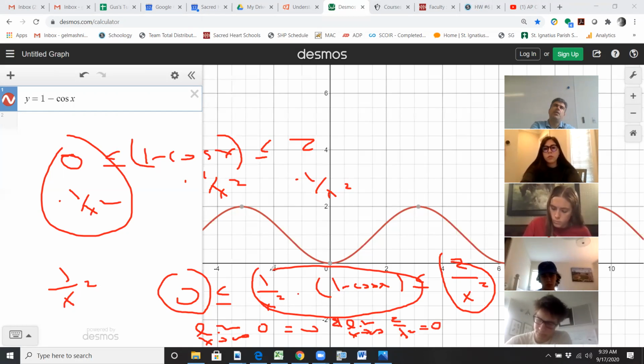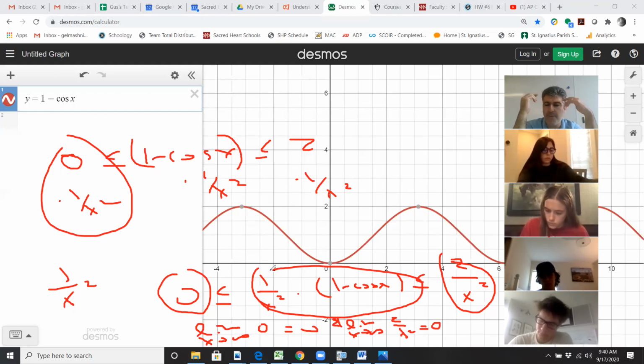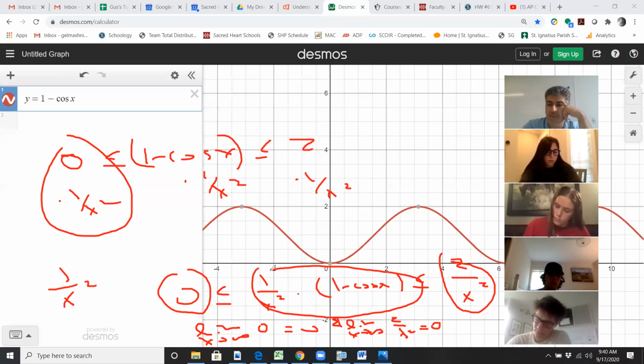So yes, for the meat part, you have to find, I did say it's anything that can cause it to be undefined. I said that for the previous example. Really, it's anything that could be sandwiched in between two things. It has a limited range. Does 1 minus cos x have a limited range? Absolutely it does.